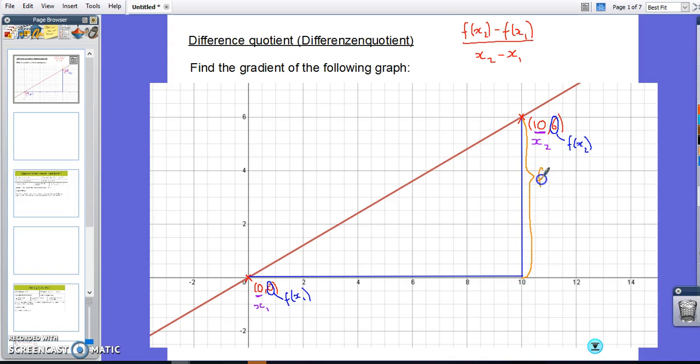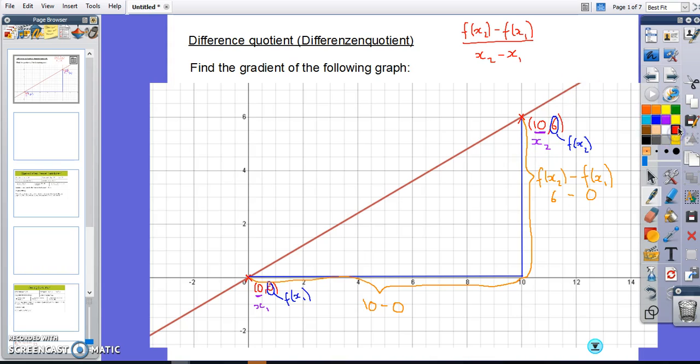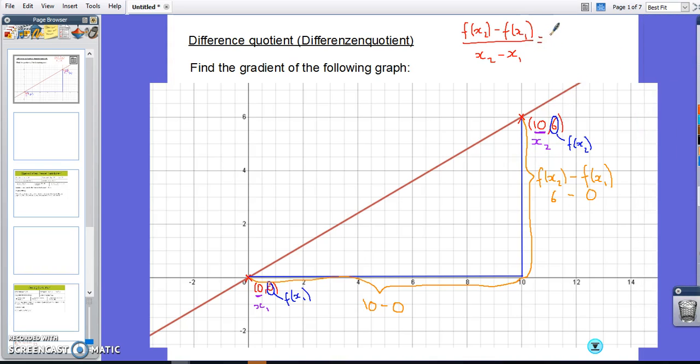It gives us the length of this side of the triangle, because I'm just doing 6 minus 0. And x2 minus x1 gives us the length of the other side of the triangle. So in this case we have 10 minus 0. And so if I divide this by this, then it just gives me the gradient. And that's a useful thing about the difference quotient.